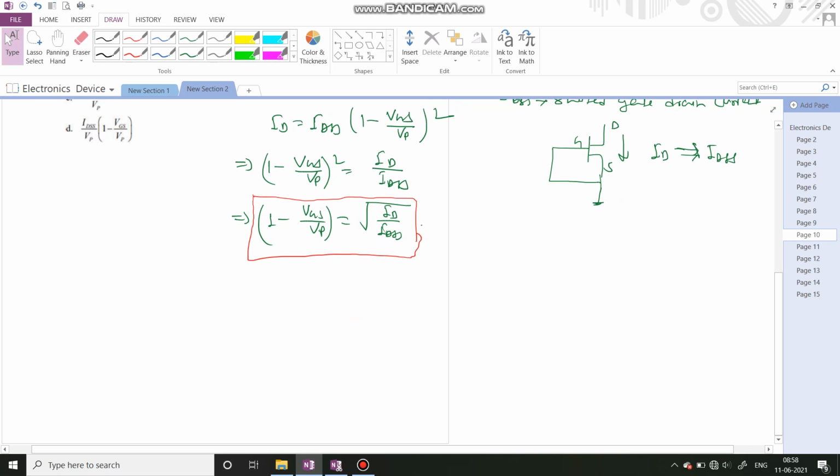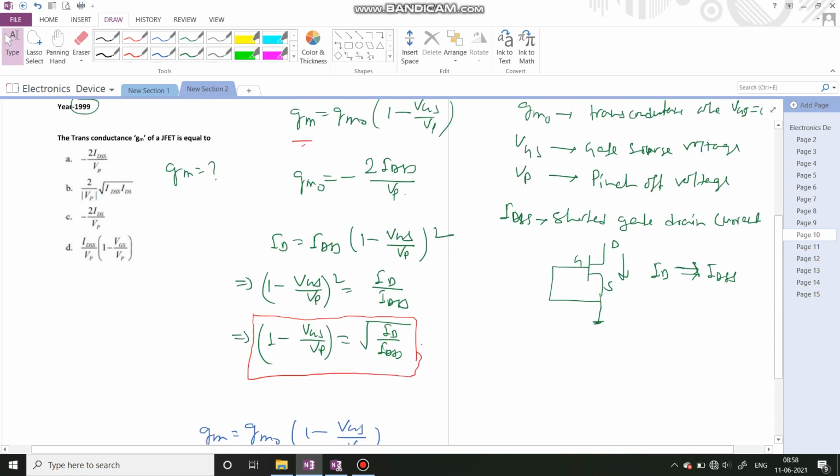We write this equation again: GM equals GM0 times (1 minus VGS by VP). We already know that GM0 equals minus 2 IDSS by VP.